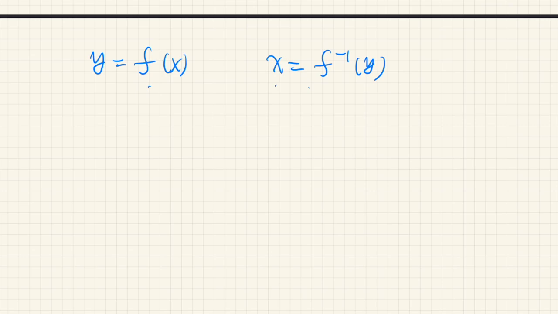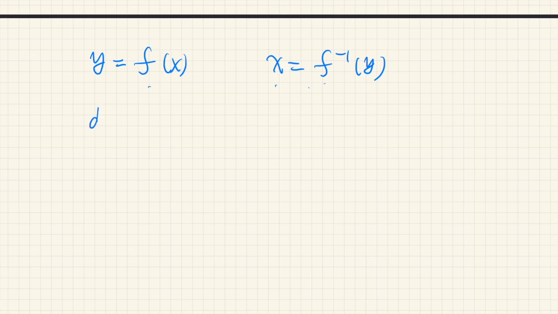Okay, next let's consider the derivative of an inverse function of some given function. Suppose we have y is equal to f of x, and assuming that this f is a bijection, then we have the inverse function of f. So we can write x is equal to f inverse of y.